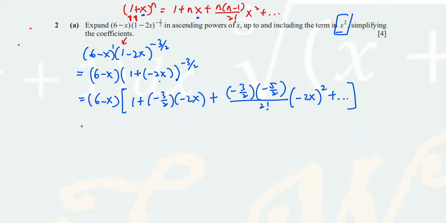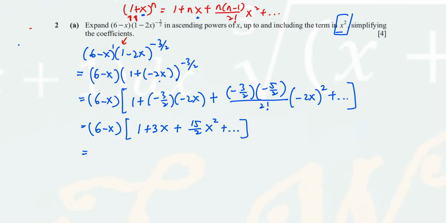Okay. Then from here, you will be getting (6 minus x) times [1. Now, negative 3 over 2 times negative 2x, that is plus 3x. And then the next term is going to be plus 15 over 2 x squared].